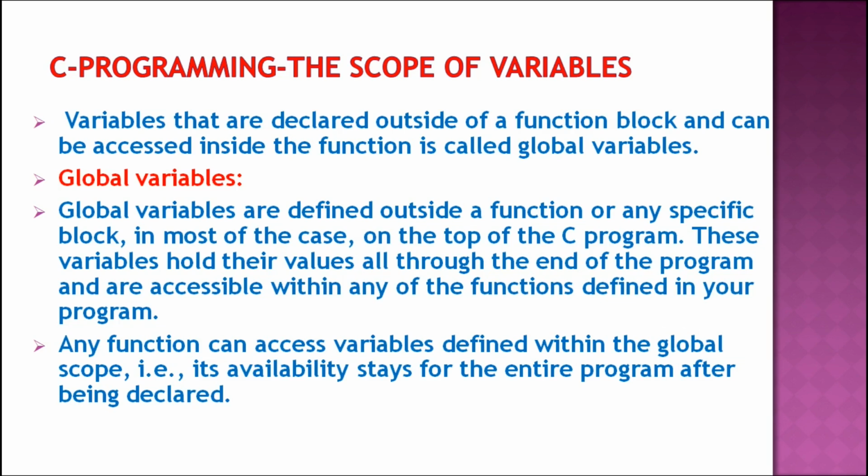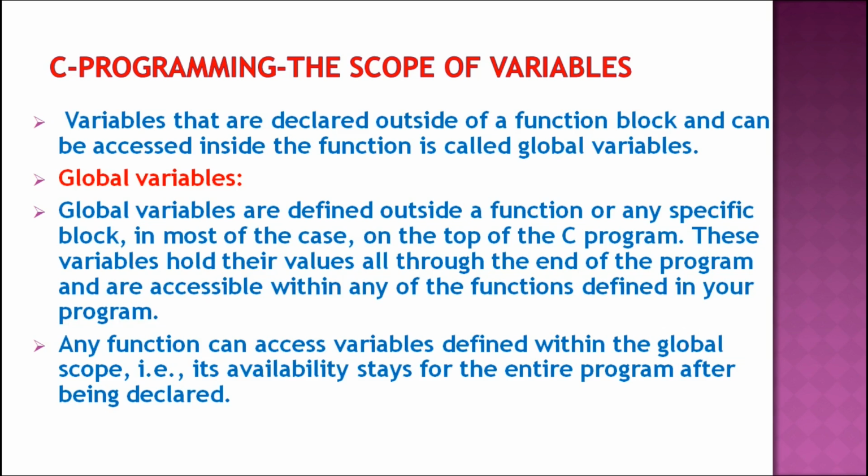These variables hold their value all through to the end of the program, and are accessible within any of the functions defined in your program. Any function can access variables defined within the global scope. That means its availability stays for the entire program after being declared.